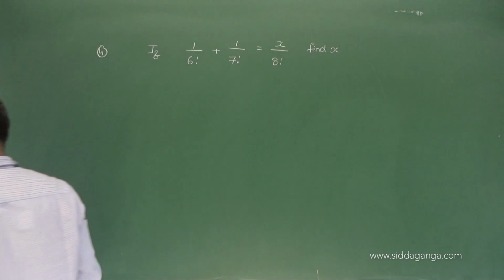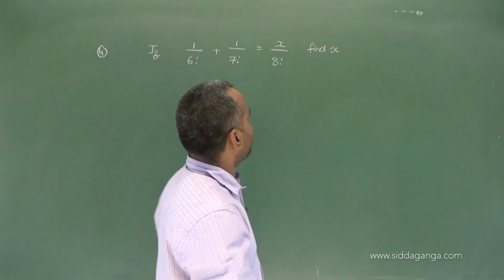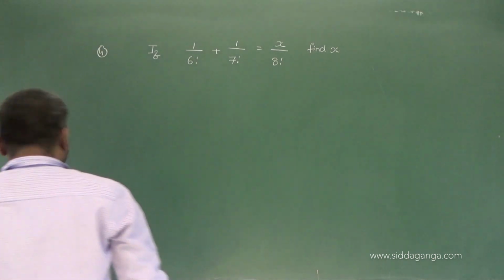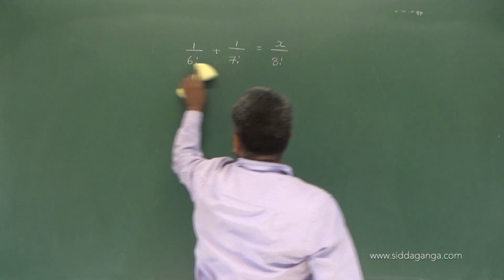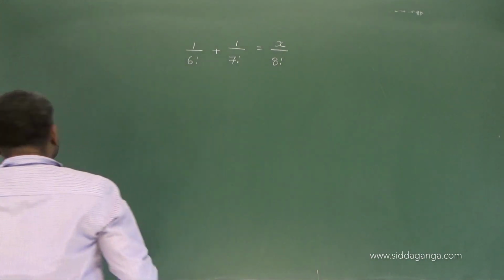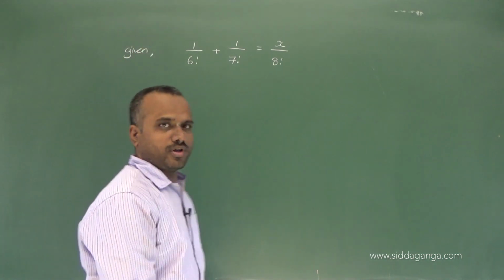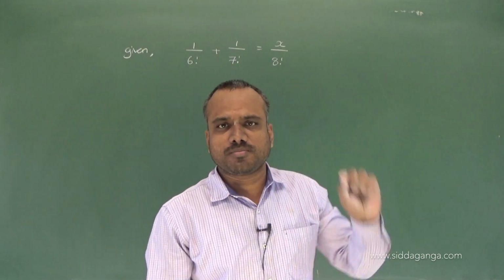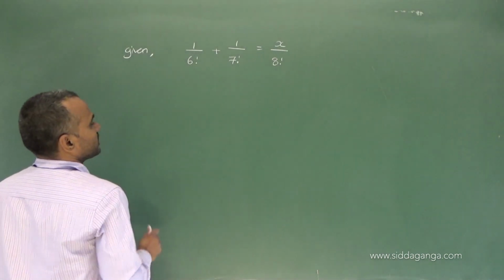Very important problem for 2 marks. Given 1 by 6 factorial plus 1 by 7 factorial is equal to x by 8 factorial.